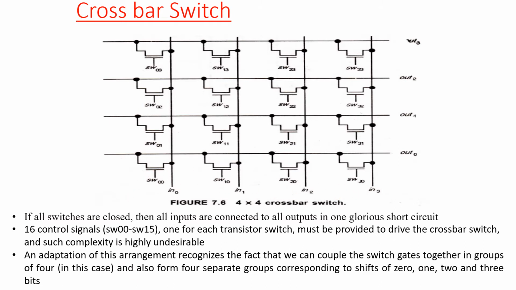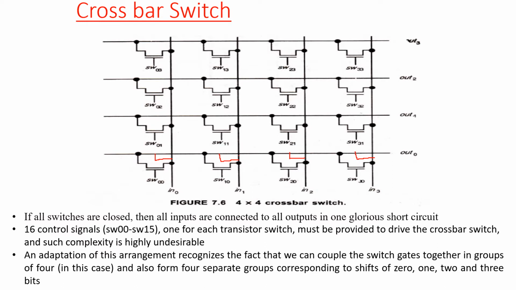Suppose all the gate inputs are logic 1, all the switches will be on. If the switch is on, input 0 is shorted to the output 0 line. If this switch is also on, input 1 is shorted to the same output 0 line. Input 3 is shorted to output 0. Input 4 is also shorted to output 0.